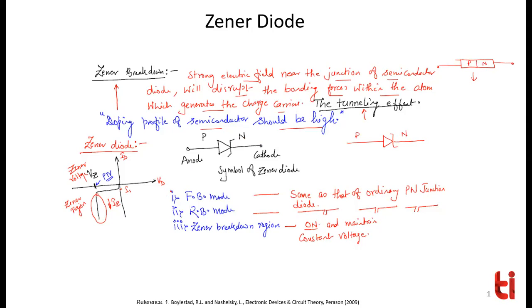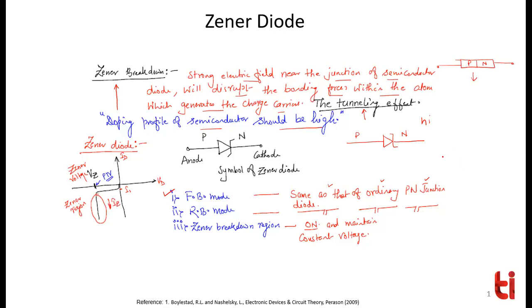In forward bias, it is the same as that of the ordinary PN junction diode. The only thing is it may have a different knee voltage. It may have a higher knee voltage as compared to the normal diode, because here you have very high doping, and we already know that whenever you have very high doping, the knee voltage increases.